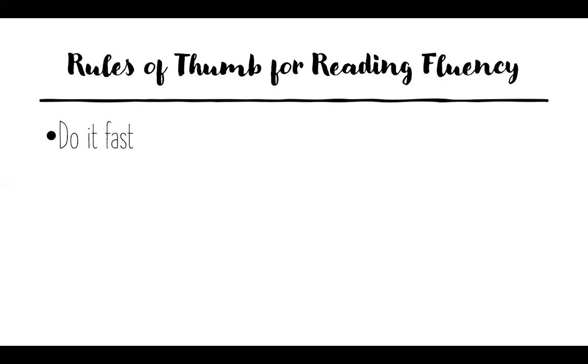Why is it so? Because you don't have to know the meaning of every single word. Our linguistic capability allows us to understand thanks to the context, not only on a word by word basis. So do it fast.